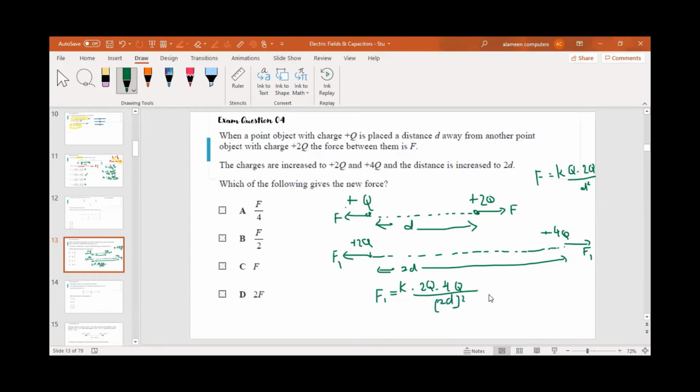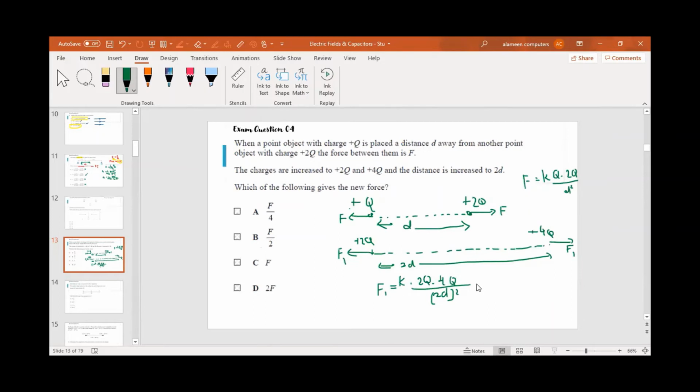So let's rearrange this equation. We get 2 into 4, 8, so 8K Q squared, and you have 4D squared in the denominator.